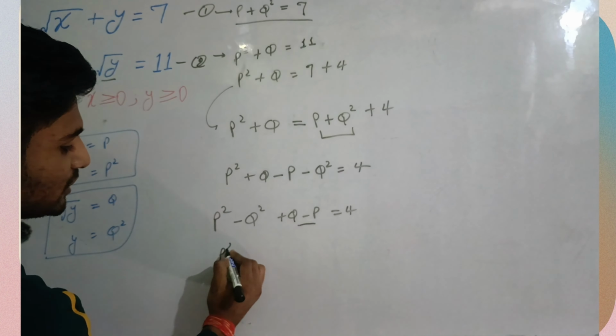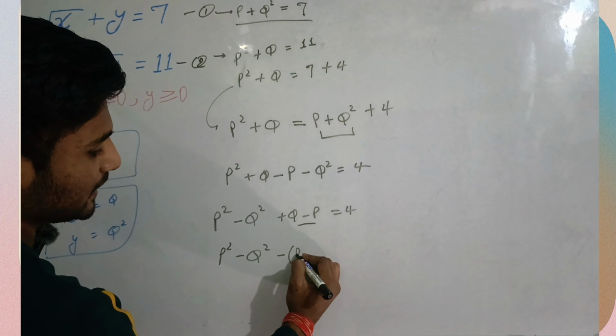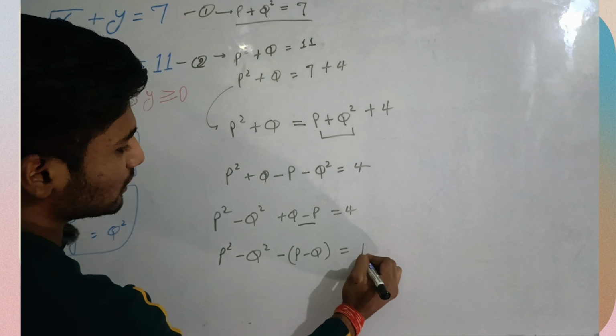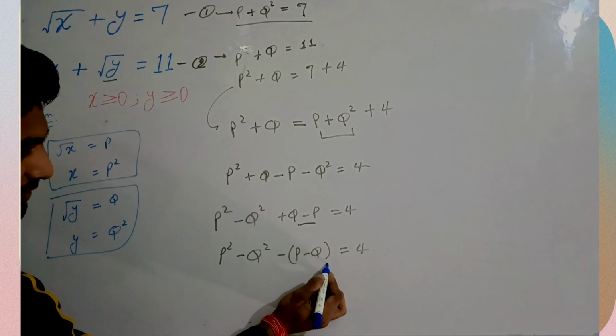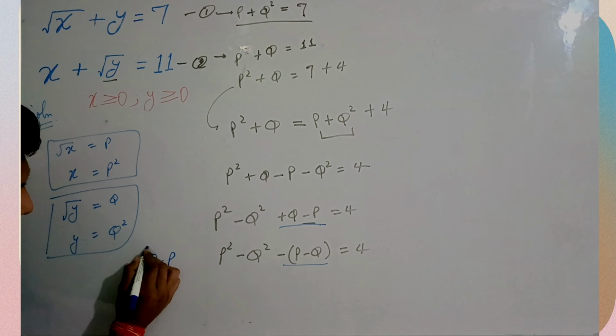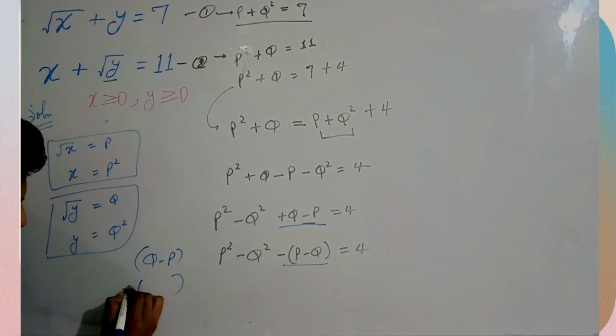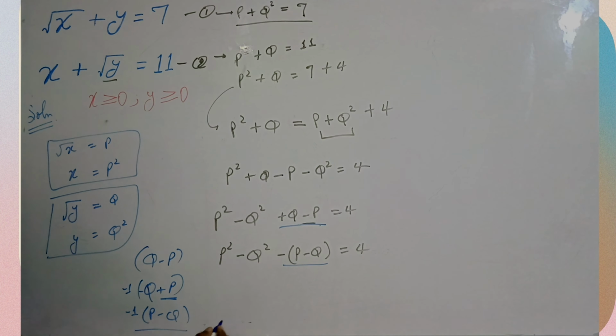So we get p square minus q square minus p minus q is equal to 4. Here, see why this is equal to this. So this was q minus p, and when we take minus 1 common, we get minus of p minus q.